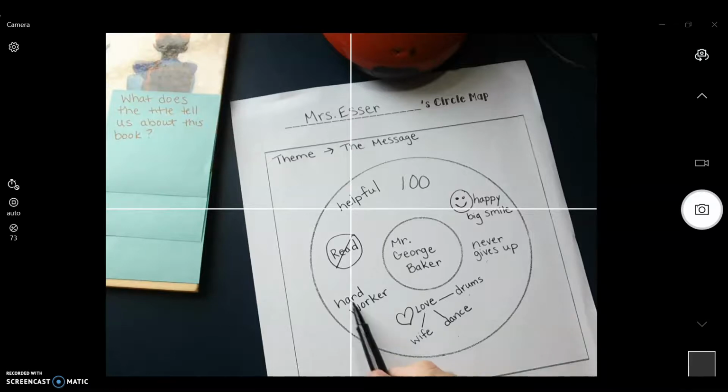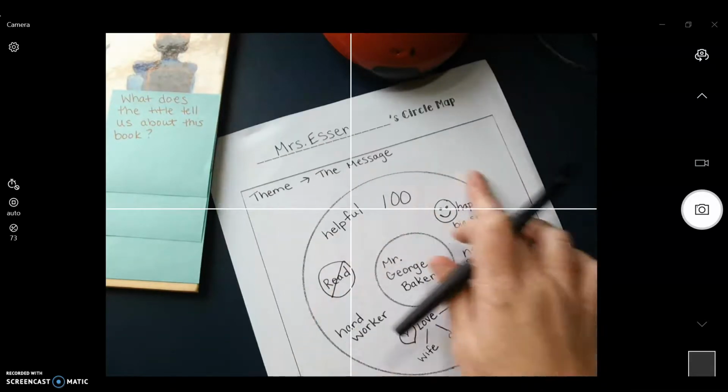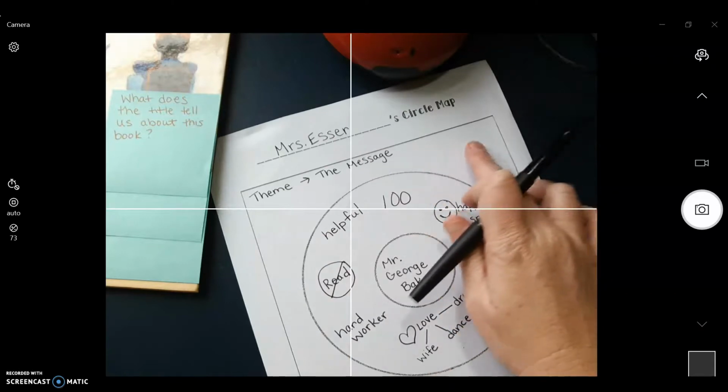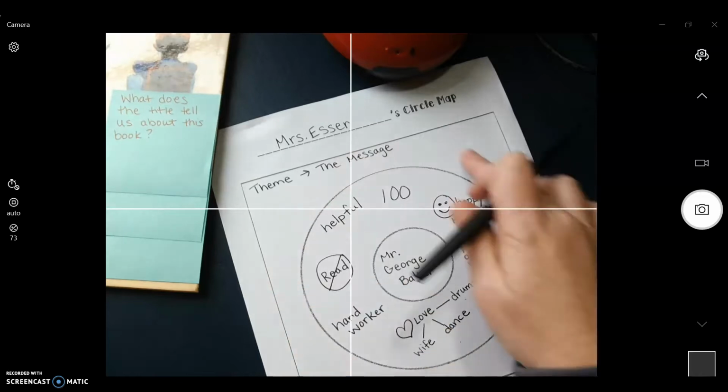Well, I think being a hard worker and never giving up is definitely a good thing for the story. So in this part, the square part, any of these, the corners, you can write your answer over here, down here, or down here, but it needs to be outside here.